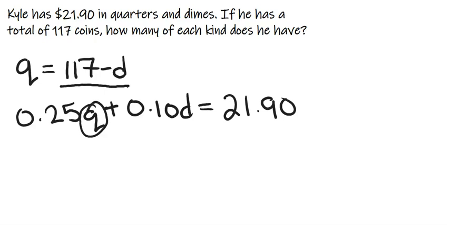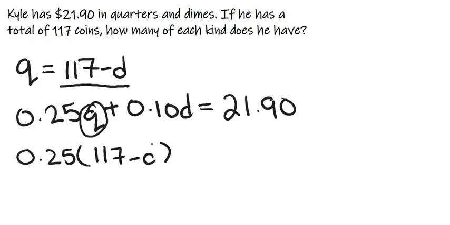So let's rewrite the second equation: 0.25 in parentheses, we're going to write 117 minus D. We're going to add 0.10D, which is equal to $21.90.